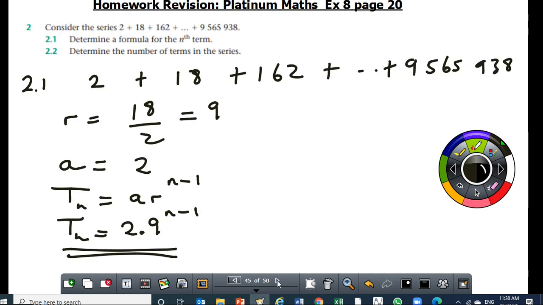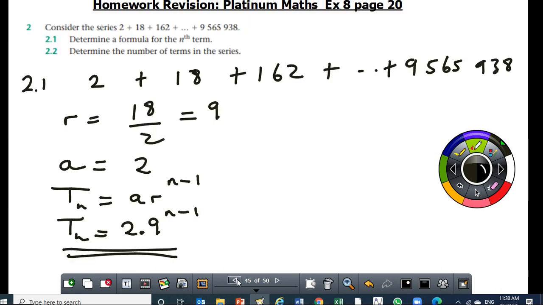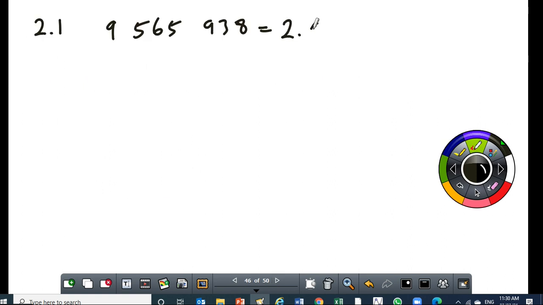So on the next page, for 2.2, we have 9,565,938 equal to 2 times 9 to the power of n minus 1.